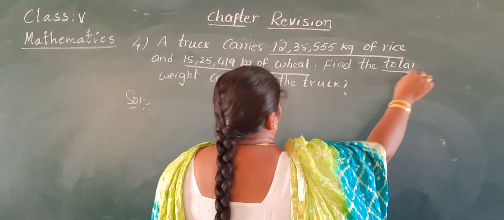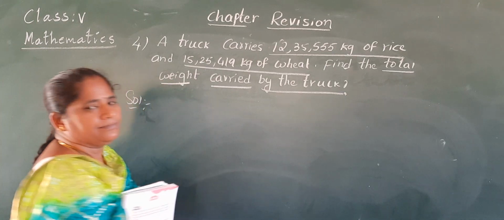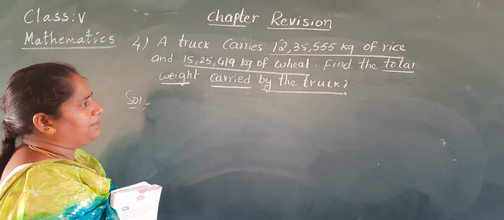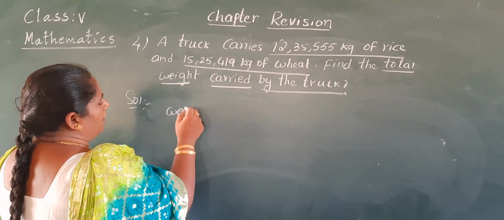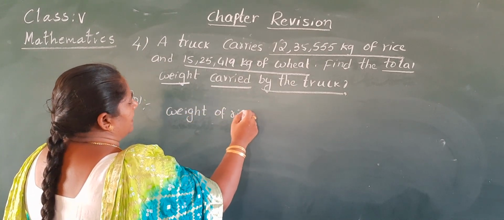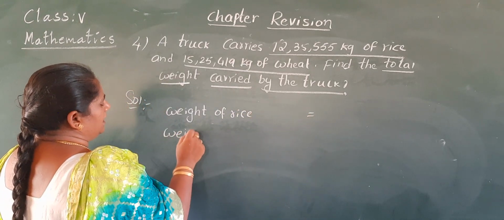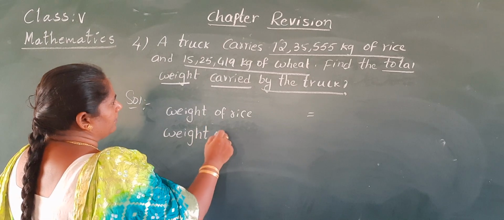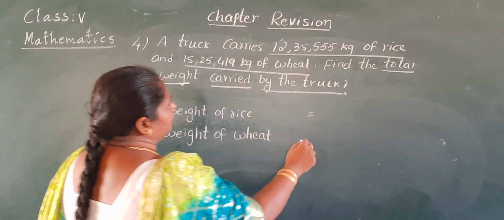Now we find the total weight carried by the truck. Okay, ma? Come on, tell me the steps. First one, weight of rice. Next, weight of wheat.